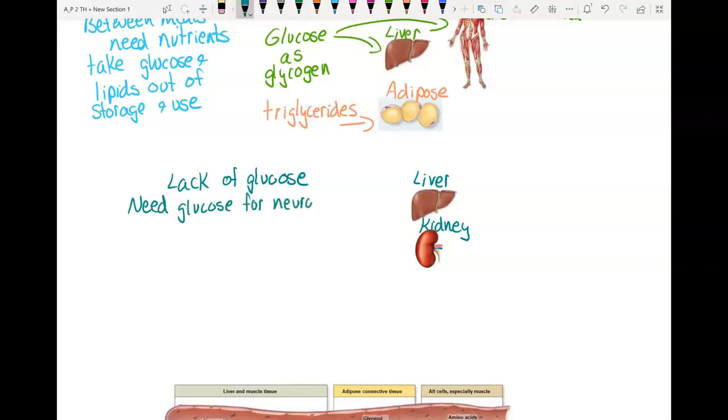Other cells in your body can get by on fat and amino acids and other things for making ATP, but your neurons can't. And your neurons, remember, are what make up your brain, your spine, and your nerves. They can only use glucose to make ATP.